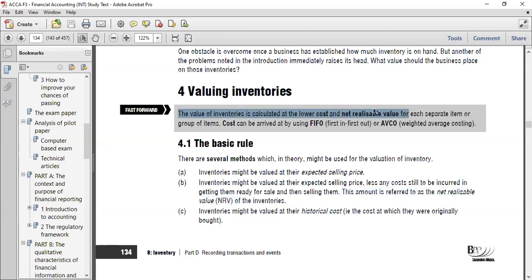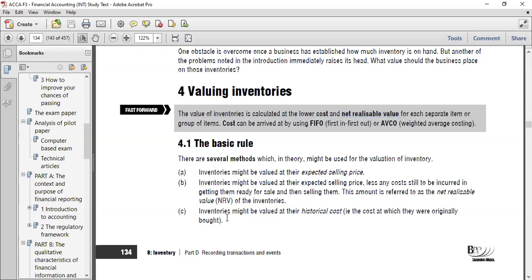If somebody asks you to determine the net realizable value, it is basically the expected selling price of that inventory, less costs that will be incurred to get that inventory ready and to sell it. That gives you the net realizable value. So when somebody says inventory is valued at the lower of cost and net realizable value, you should at least understand what net realizable value actually means. That is the principle, and that's what the standard basically says.